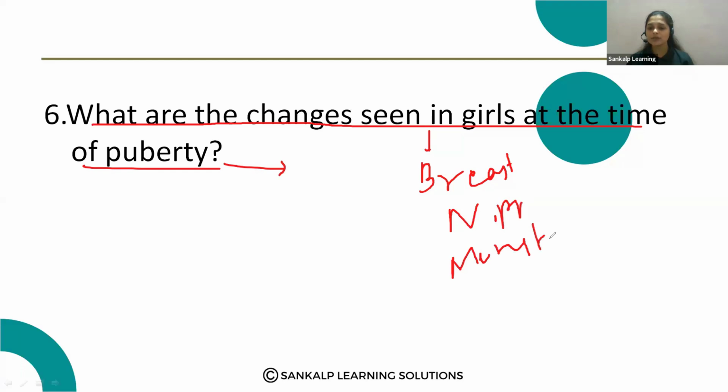These are all changes that we can observe in the girls. And there may be one more question: what are the changes that you can see in the boys during puberty? And what are the similar changes that you can observe in both girls and boys?